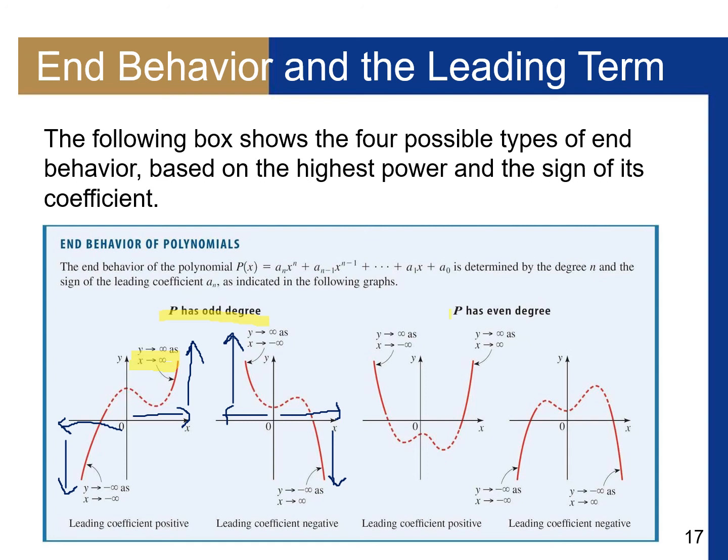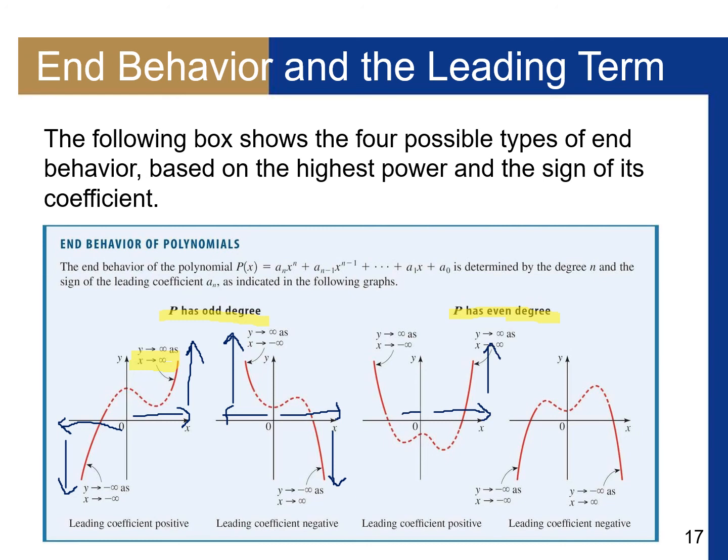Now when p has an even degree, remember degree is the highest exponent in a polynomial, we're going to see that the end behaviors are then the same. So for instance, if I have x approaching positive infinity, I have y approaching positive infinity.